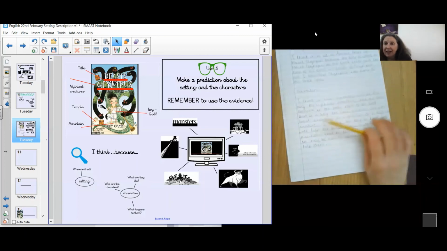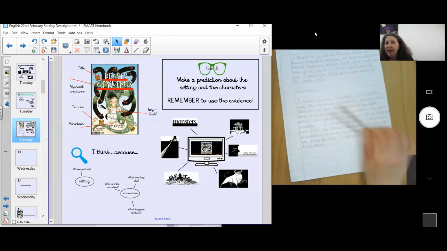What I would like you to do now is to write, I think, and say who you think the main characters will be. And then after that, include the word because and use that with your evidence from the book cover or the trailer. Pause it now for you to do that.